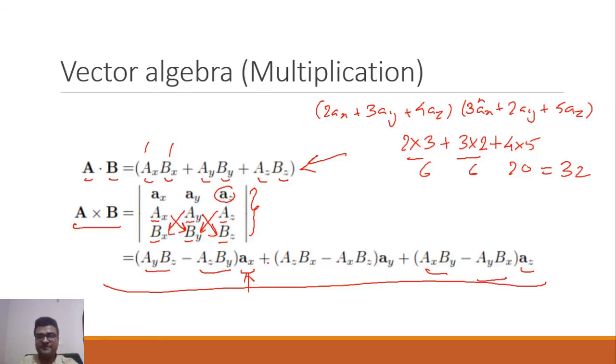And to do the central multiplication, to find out the coefficient of the central term that is AY, we have to cross multiply first AX BZ... AZ BX, then AX BZ.